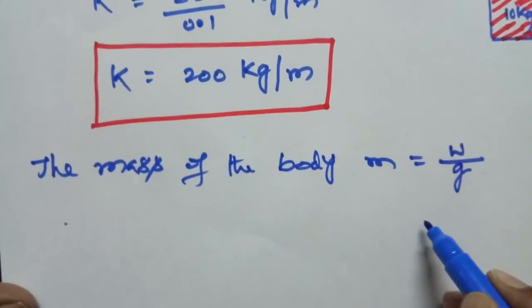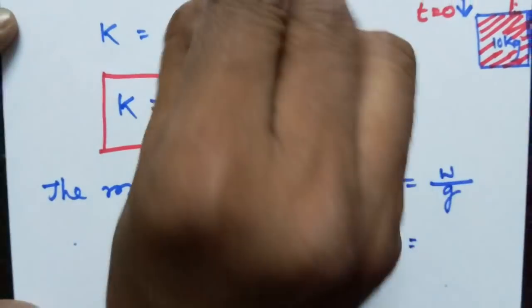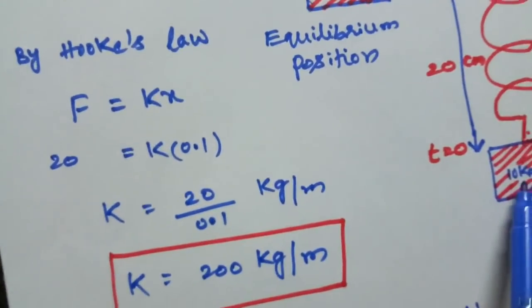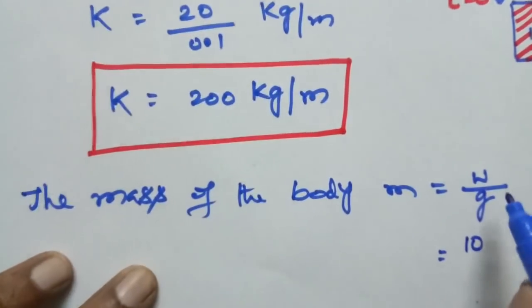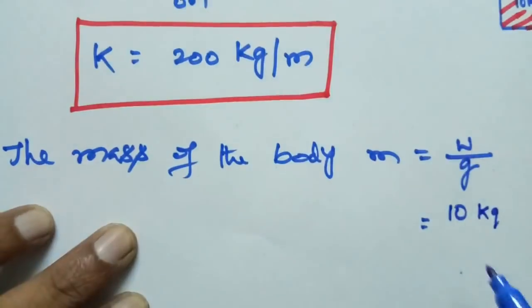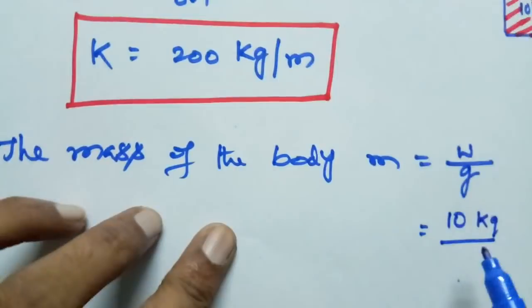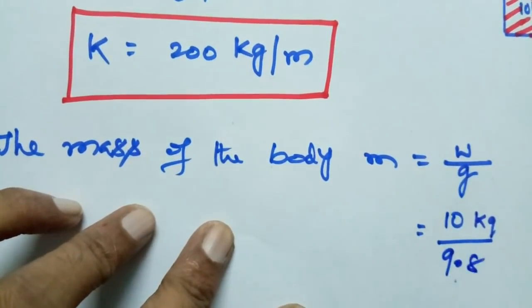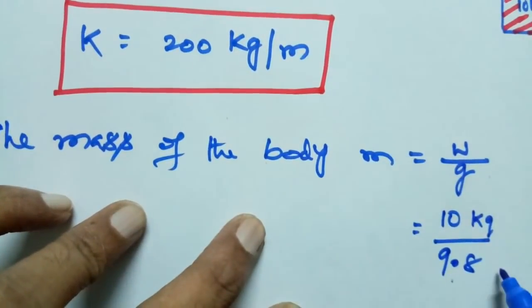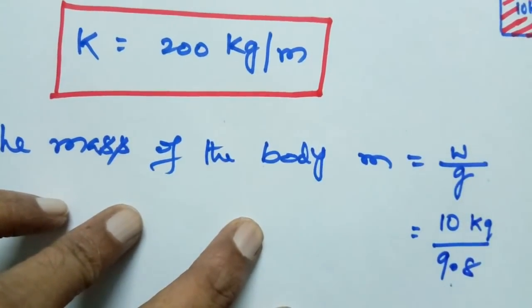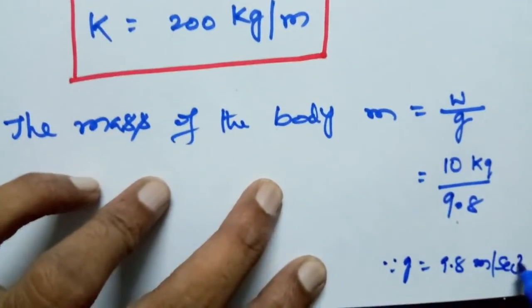Given that w is 10 kg in the problem, so the body weight is 10 kg divided by g, we know that g is 9.8 meters per second square.